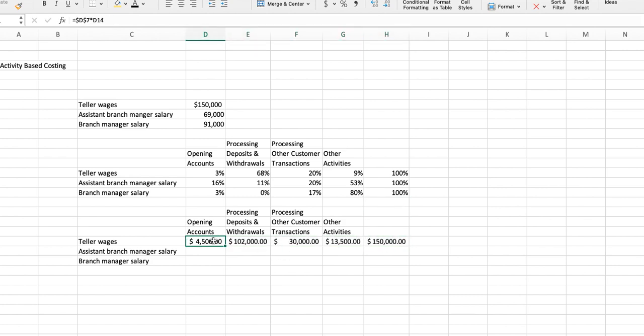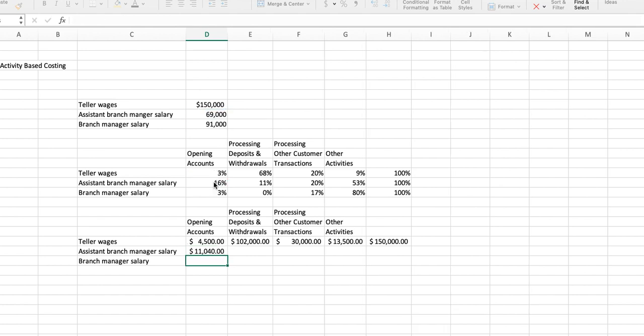Okay, so basically what we said is of this $150,000 of teller wages, 3% goes to opening accounts, 68% to processing deposits and withdrawals, other activities, and we've got our total over here. And so I can do the same thing here. My assistant branch manager's salary, I can make that an absolute and make that relative, and then I can carry that across.